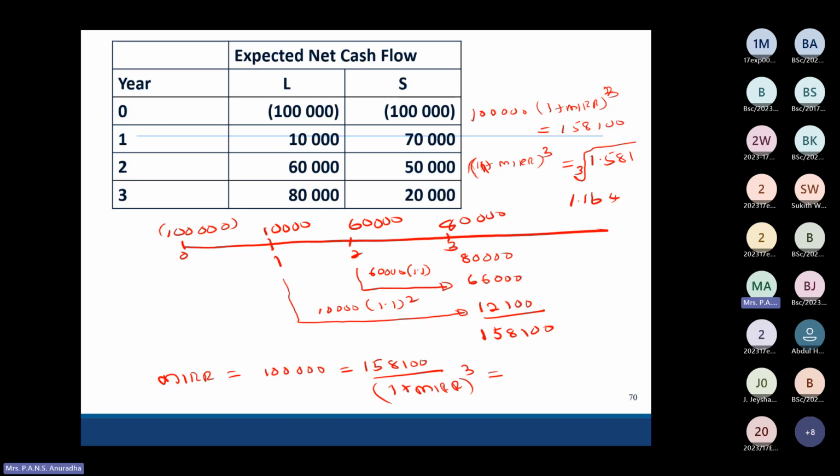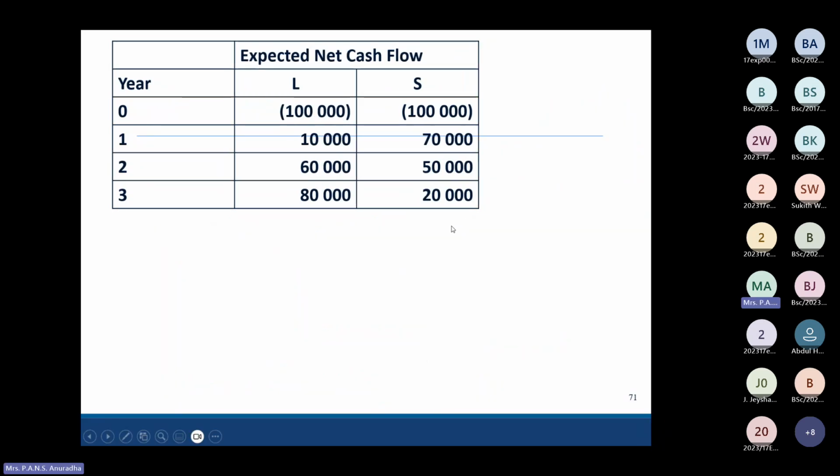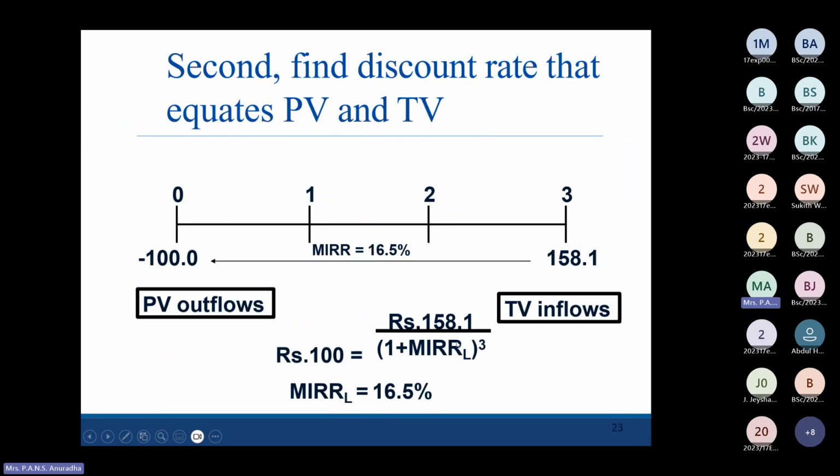So then this one you can get to this side. So then finally you can calculate, right? MIRR is equal to 16.4. Did you get it? Yes, it is 16.405.